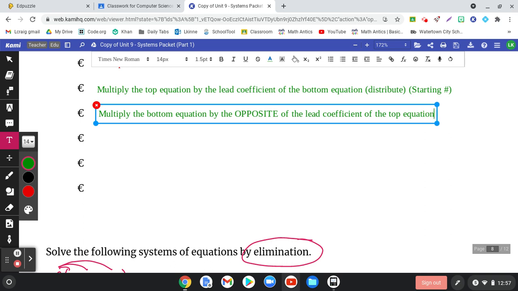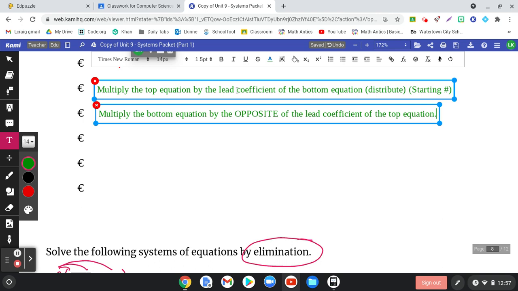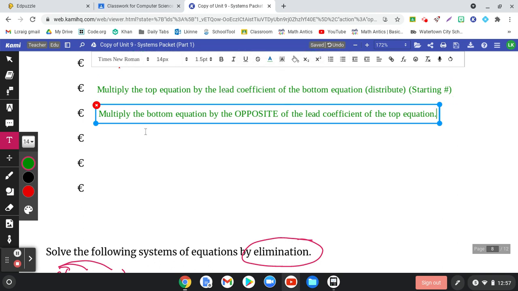And remember, that's just fancy for the beginning number, the starting number. And we're also going to distribute that. So we multiply the top equation by the starting number of the bottom, and we multiply the bottom equation by the opposite of the lead coefficient of the top.